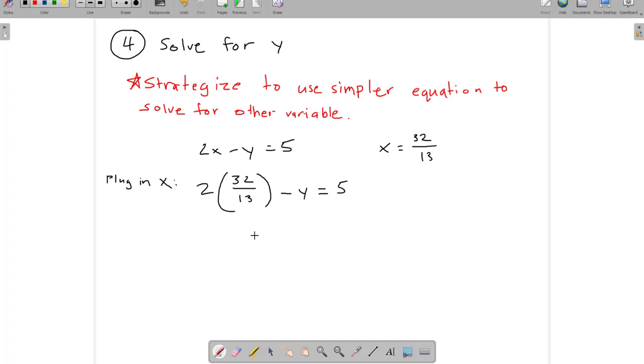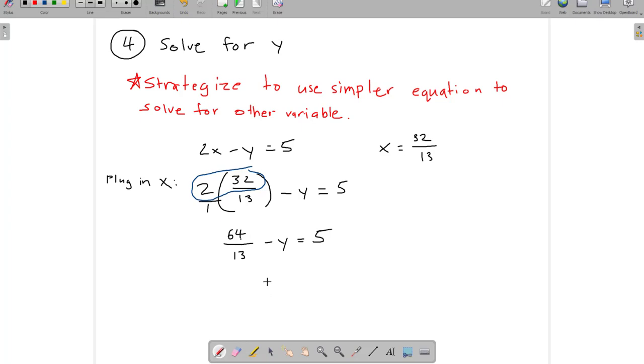Alright, so we have this 2 times a fraction. The denominator doesn't have a factor of 2, so I can't reduce this at all. So I'm just going to have to multiply straight through. And remember, you multiply the top together because this is 2 over 1. So I will have 64, 2 times 32 is 64, over 13 minus y equals 5.